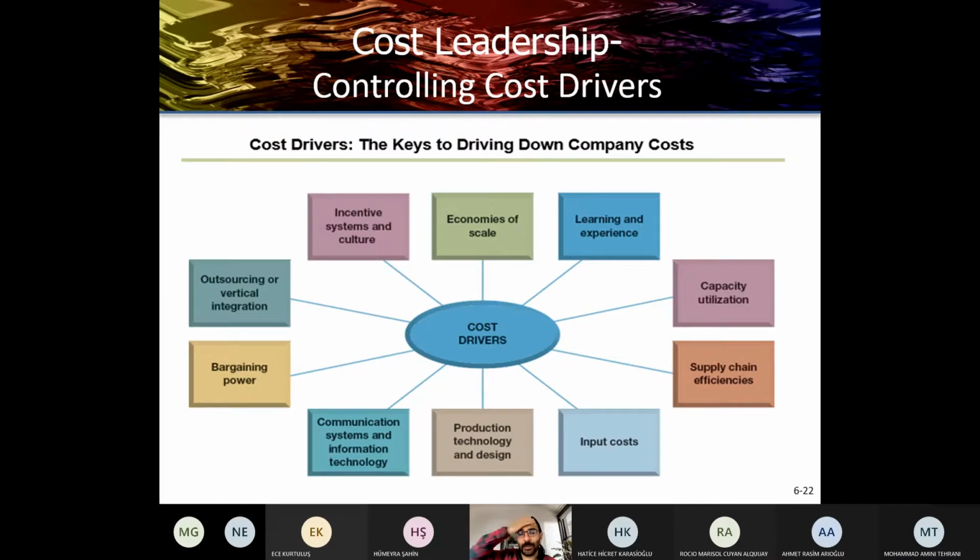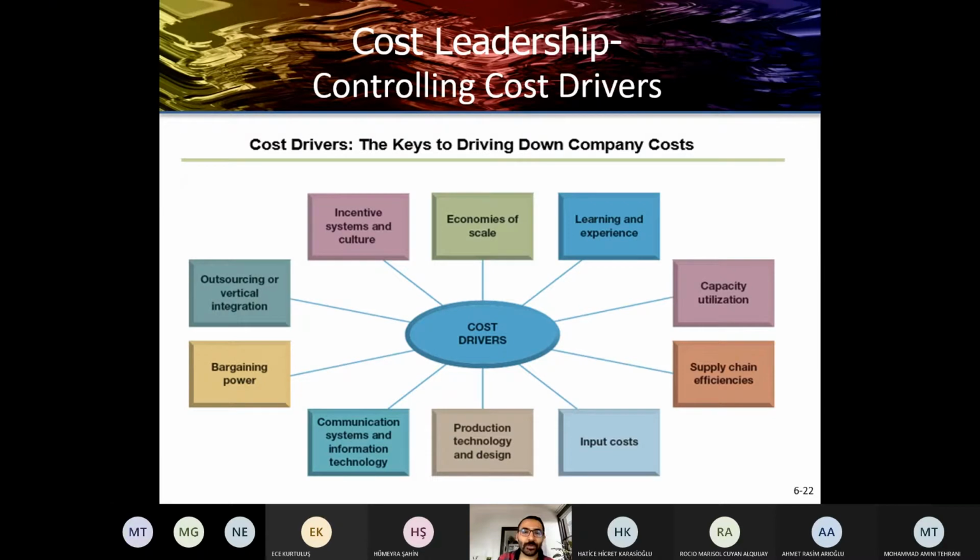And the main driver of this mentality is to gain and sustain competitive advantage, right? To gain and sustain competitive advantage, you need to be better than your rivals. And how could you be better than your rivals? Porter says in two ways, generally.